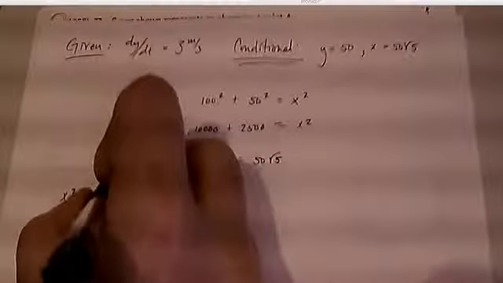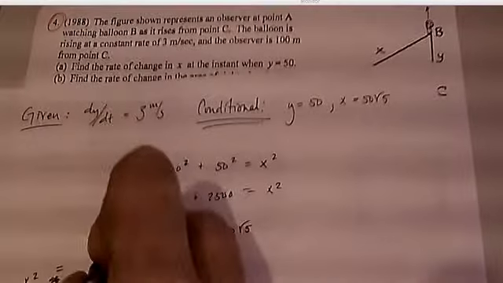And so we have x squared is equal to 100 squared plus y squared. Sometimes, I don't know why they put x as the hypotenuse. That messes me up. So this winds up being 2x dx/dt is equal to 0 plus 2y dy/dt.